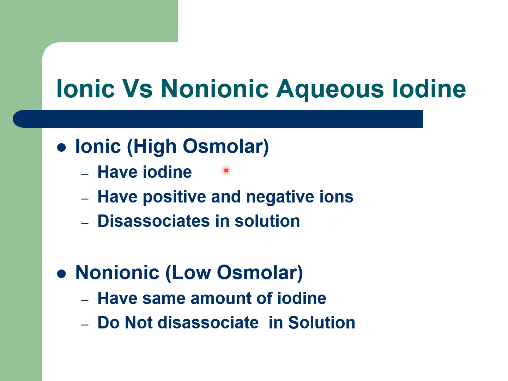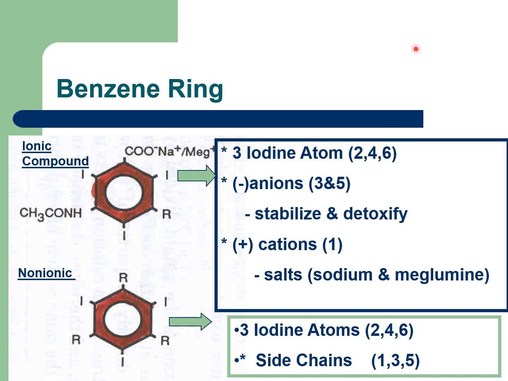The molecule breaks up in solution and becomes two particles, which doubles the amount, giving you more particles in the solution. Non-ionic, or the low osmolar, have the same amount of iodine, but they do not break down or dissociate. So you have the higher ratio of three iodine atoms to one particle.